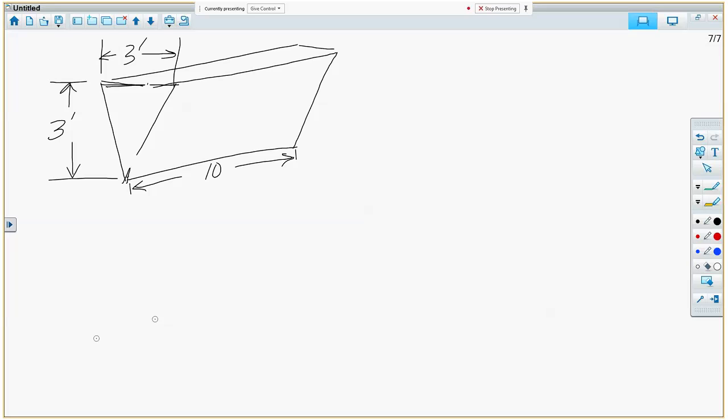And it's full of water. Water at 62.5. Pump it out. Full of water.